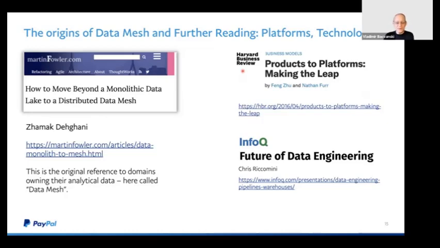And one article that you would enjoy is Future of Data Engineering. One of the things that are really relevant and important for our thinking here is the step towards decentralized ownership of data, where, going away from the centralized data lake principle, you have a number of stores that belong to different domains.